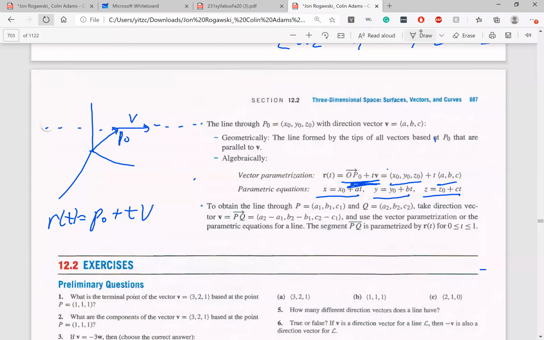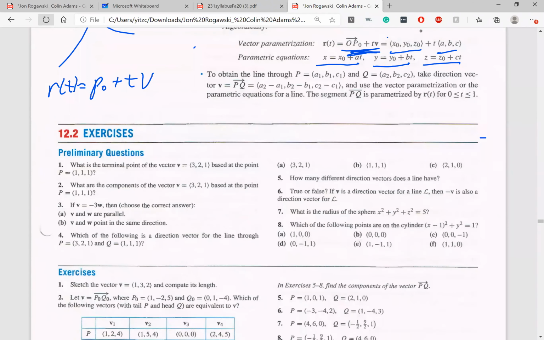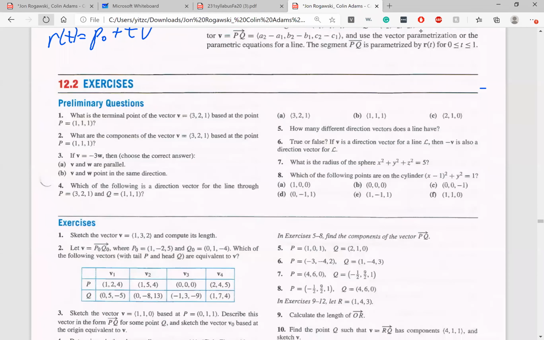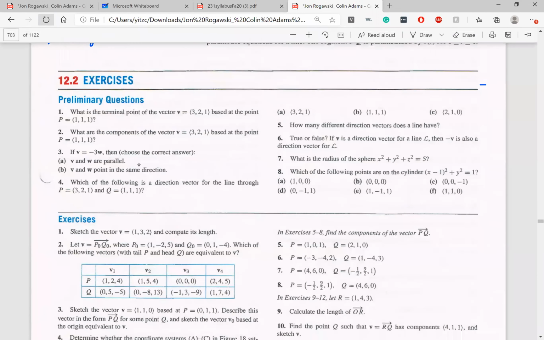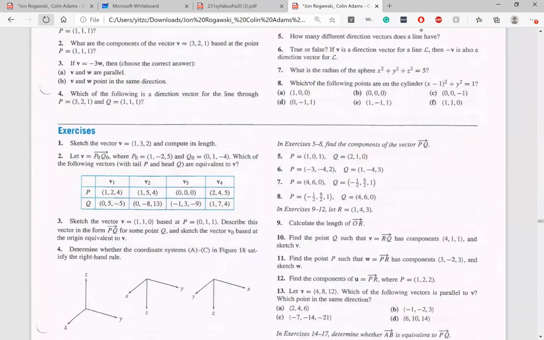So let's look through some of these questions quickly. These types of questions are actually fairly simple. I don't know if I would ask one of them. Let me continue looking.